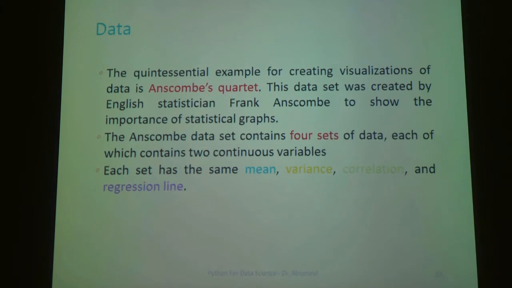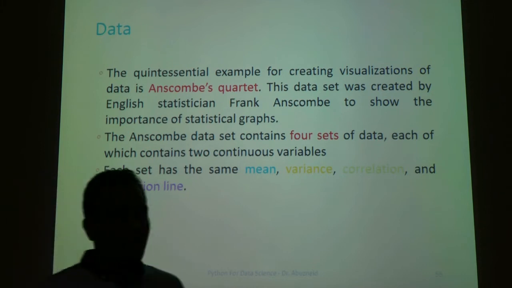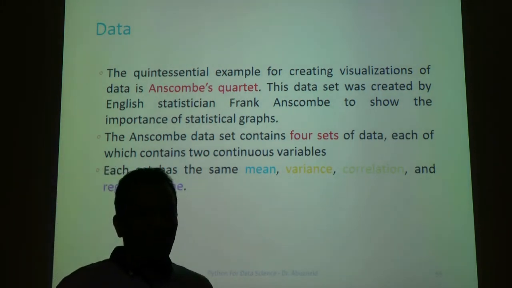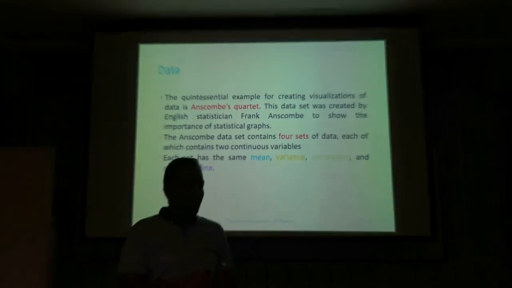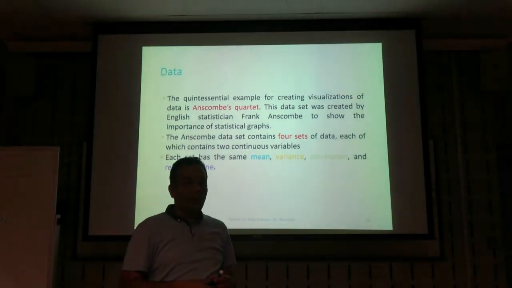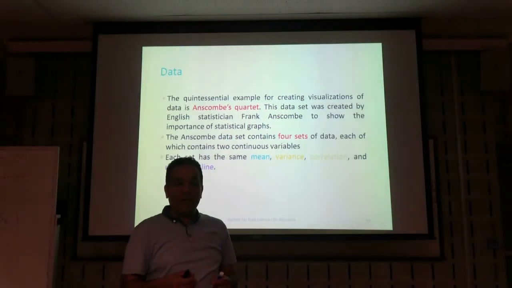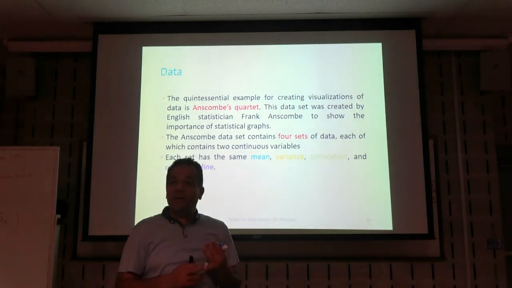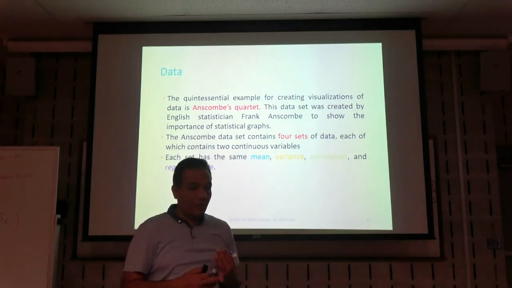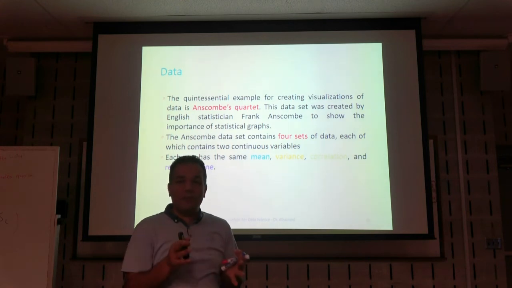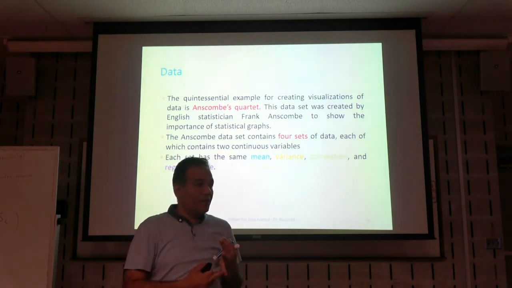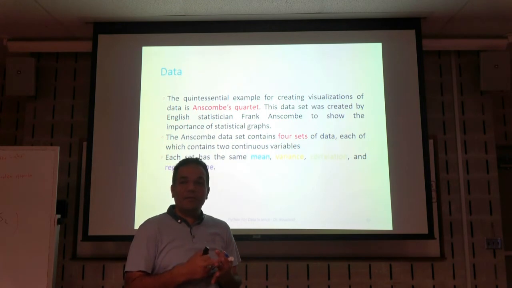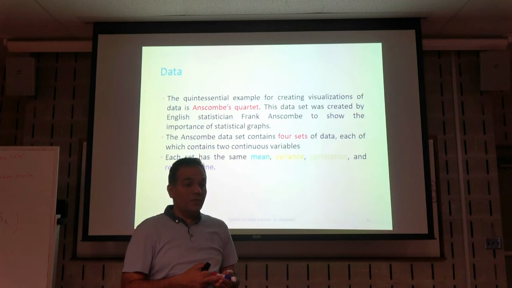This quartet was created by a scholar, and it has four data sets of numbers. But in the four data sets, if you calculate the mean for all of them, it is the same. The numbers are different, but the mean is the same, the minimum the same, the maximum the same, the standard deviation the same. But they are completely different data sets.